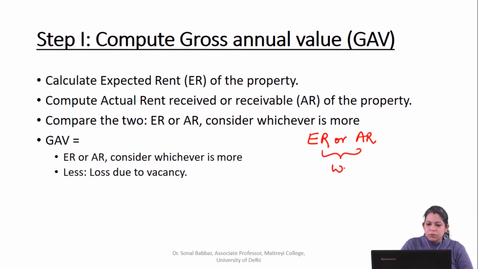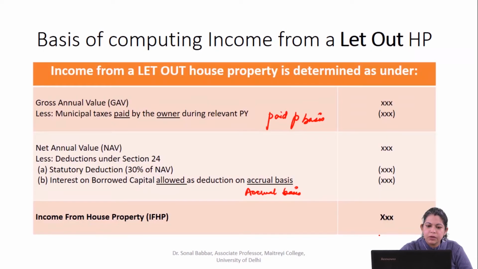We are considering whichever is more. From that, we are subtracting loss due to vacancy. And the answer is GAV, which is the first value of this table.